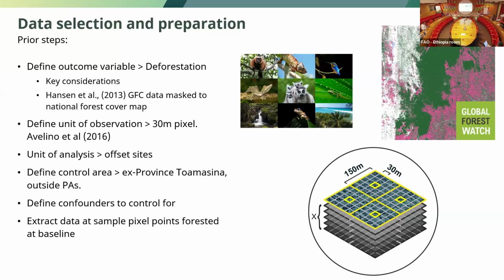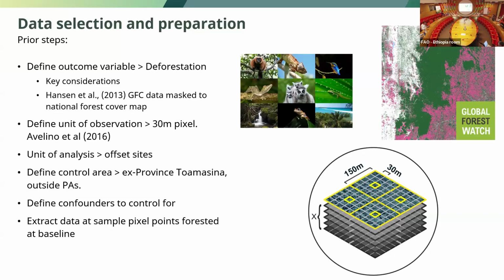So I used Hansen instead. But I masked it to a national forest cover map of Madagascar in 2000. Because basically looking at the data, I think there's loads of false positives in the Hansen data. And by masking it to the national data, it removes a lot of questionable deforestation detections. And I was following someone else in that decision. But anyway, it's something to consider.